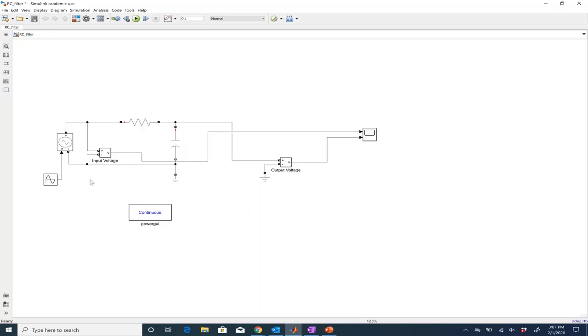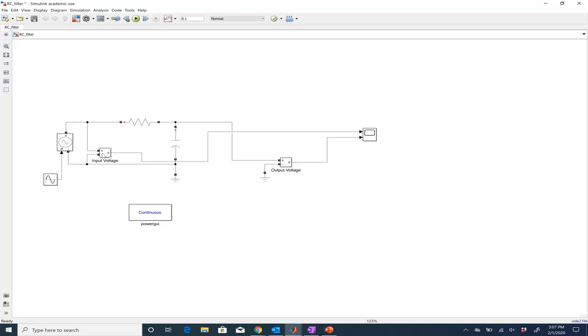Now what I can see is I've got a couple of components here. I have a voltage source. I've got a resistor, capacitor, and ground. That's my whole loop. Then in addition to that, I've got some measurement stuff. So basically what I have is a device that will measure the input voltage. So I've connected that across the input source.